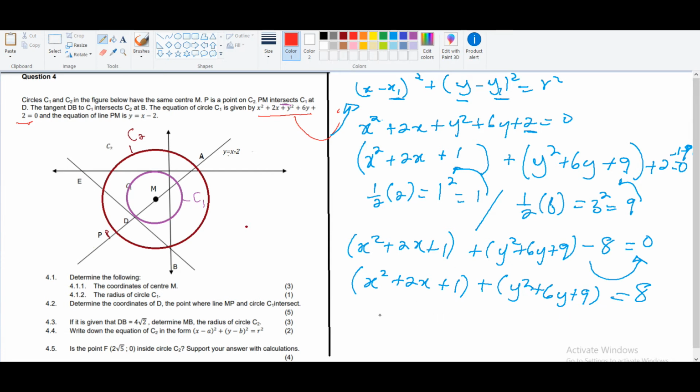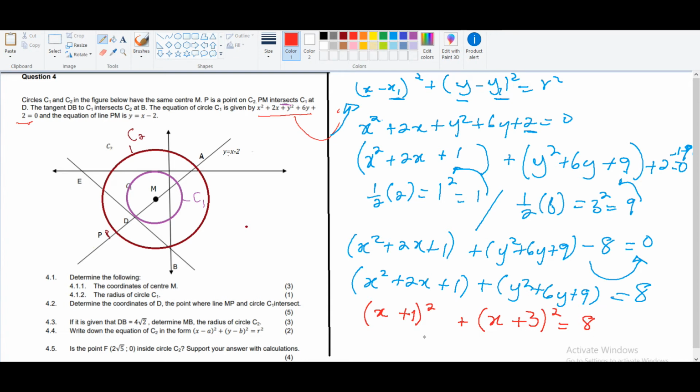By factorization, I am seeing that this is x plus 1 squared plus y plus 3 squared equals 8.